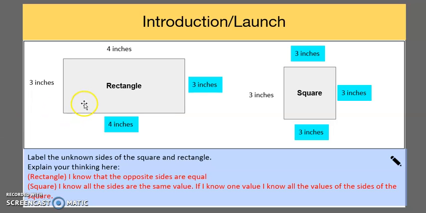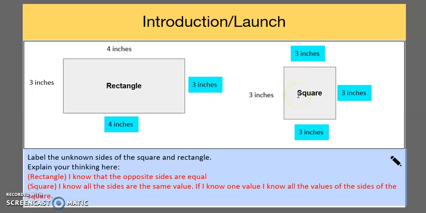So when we're working with a rectangle, over here we are given that this length is 4 inches. We know that in a rectangle the opposite sides are equal, so if this is 4 inches, then this is 4 inches as well. Over here we are given that this is 3 inches, therefore this side is 3 inches also.